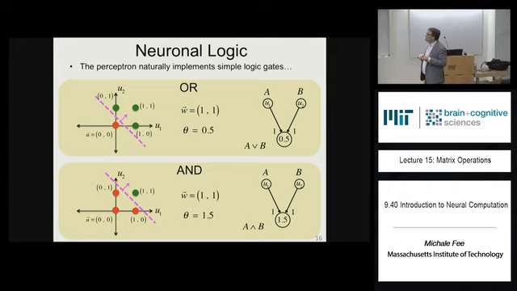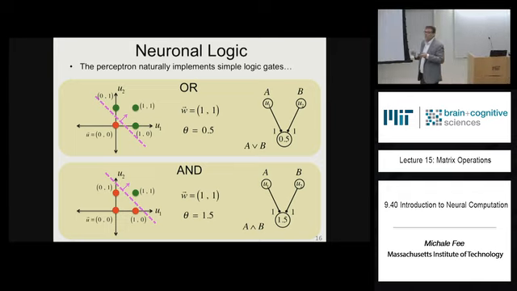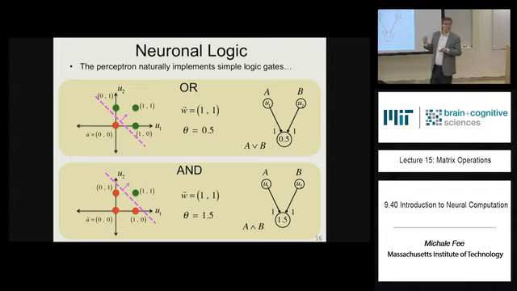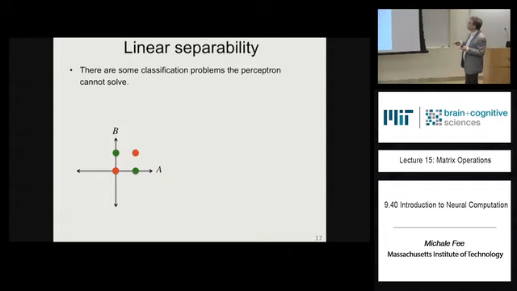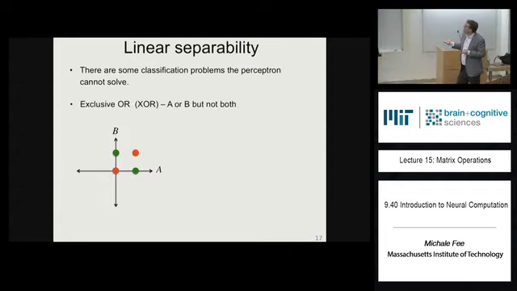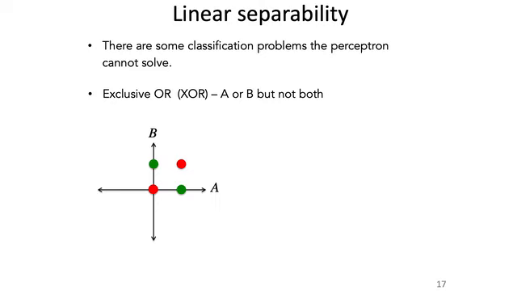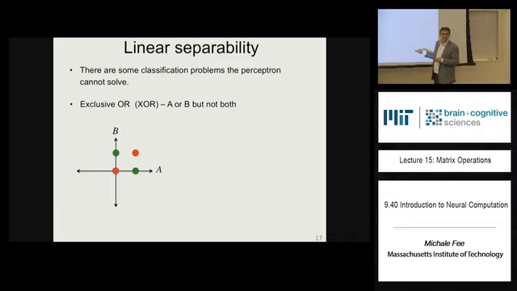Okay? Now, there's another very common logic operation that cannot be solved by a simple perceptron. Okay? And that's called an exclusive OR. Where this network, we want it to fire only if input A is on, or input B is on, but not both.